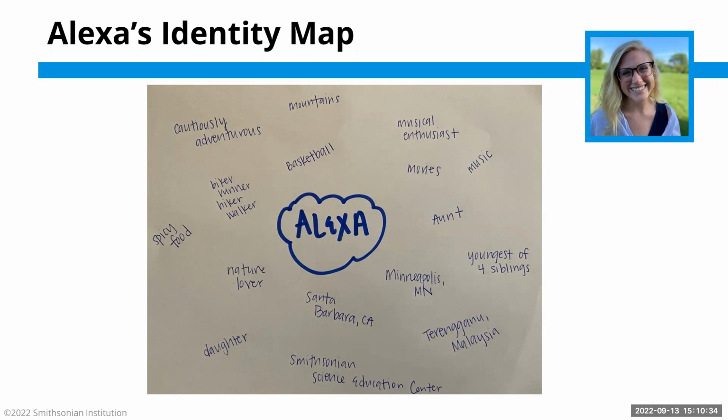You'll notice things that she's interested in, characteristics that she has, places that are important to her, her job, and her roles in her family. Alexa, when she shares her identity map, often talks about her role as an aunt being very important to her and how much she cares for her nieces and nephews.